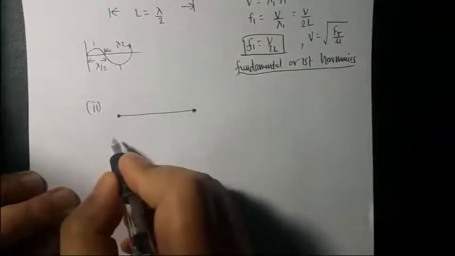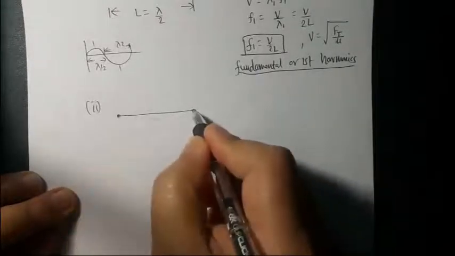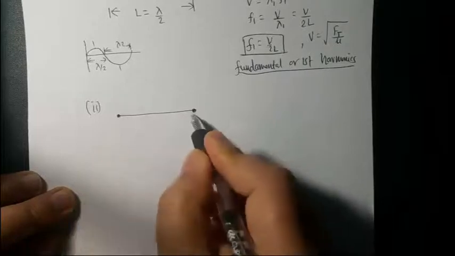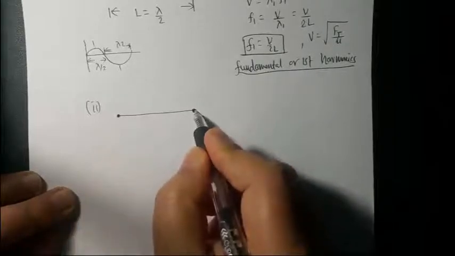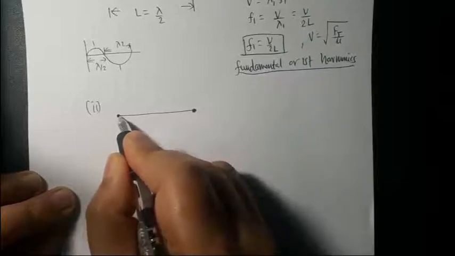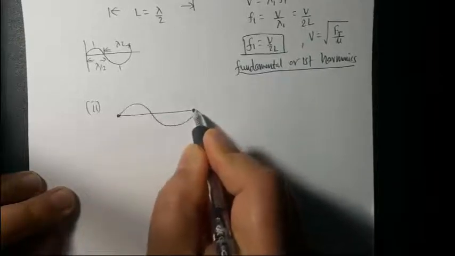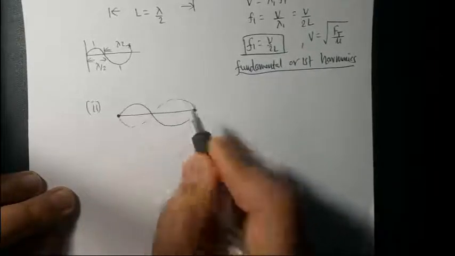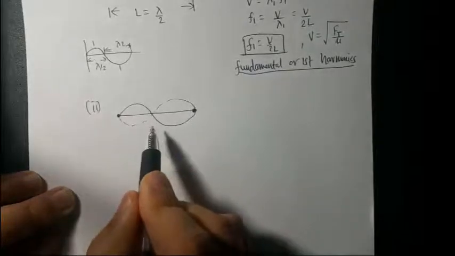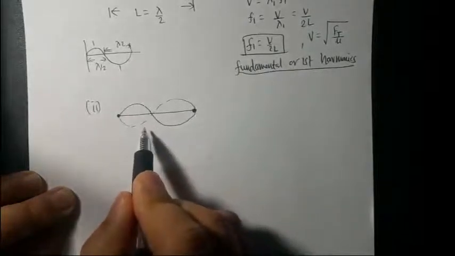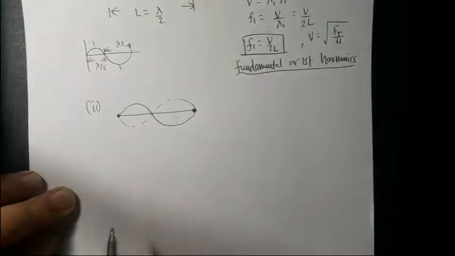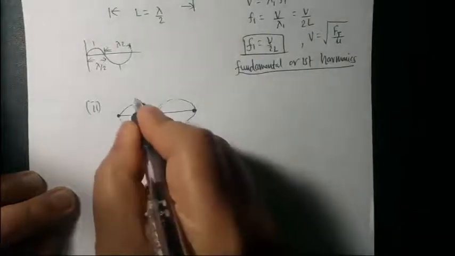Note that however you change, the ends have to be the position of a node, because it's clamped. So the next possible has to be like this, right? The next possible standing wave pattern is this. There's no possibility between these two. So there are three nodes, two antinodes.